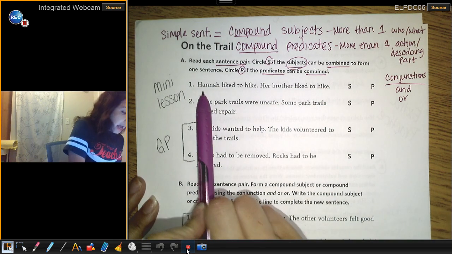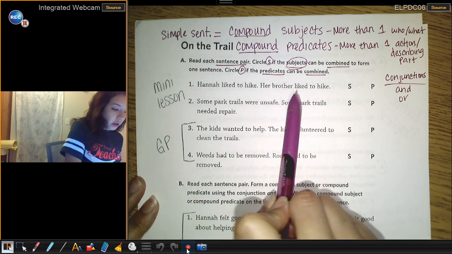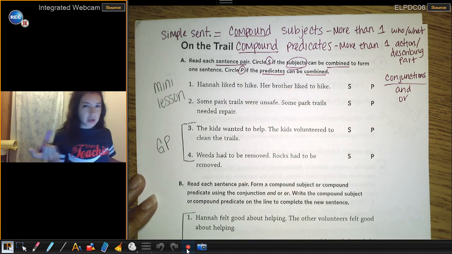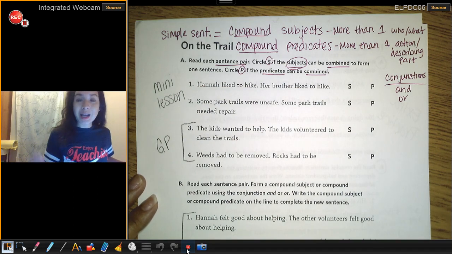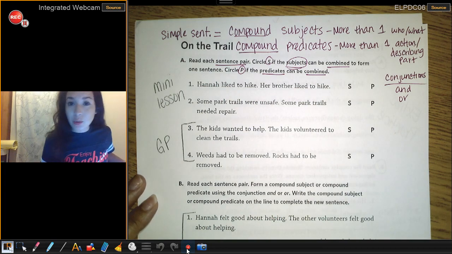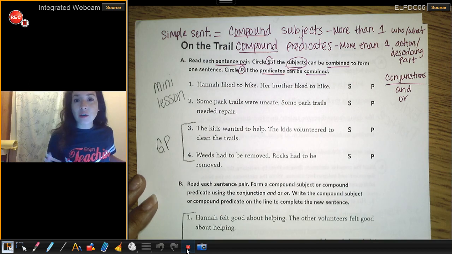So it says here, Hannah liked to hike. Her brother liked to hike. Do you already notice something that's happening here? It's being repetitive. Remember, in writing, we don't want to use repetition. We don't want to repeat words, ideas, phrases.